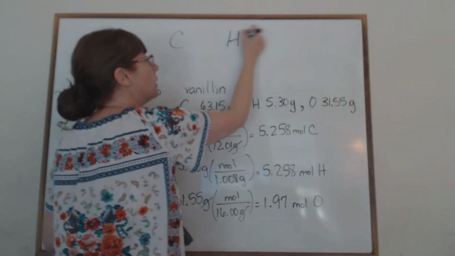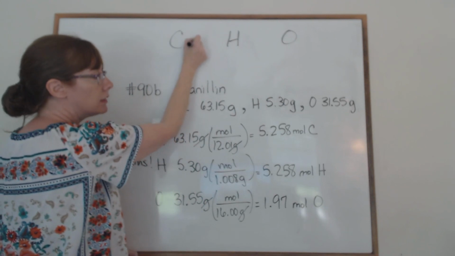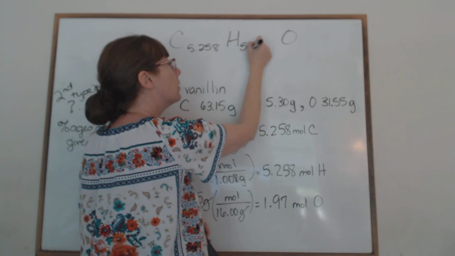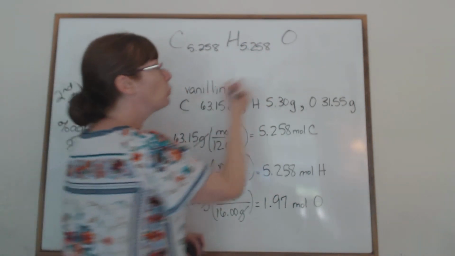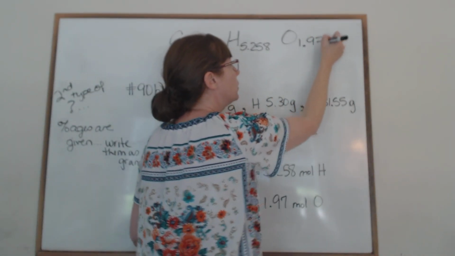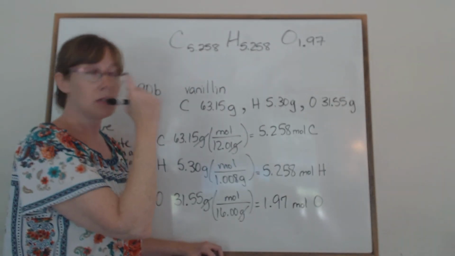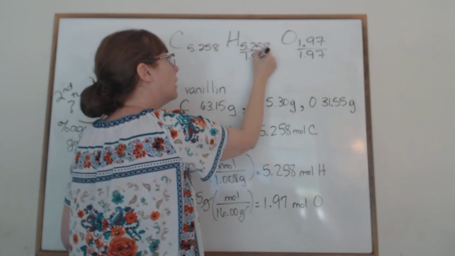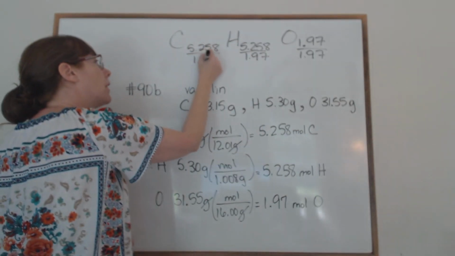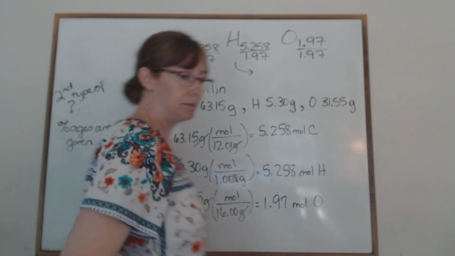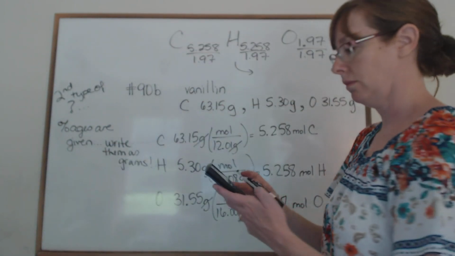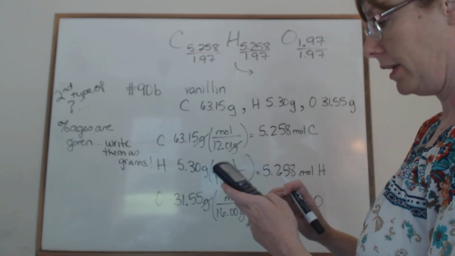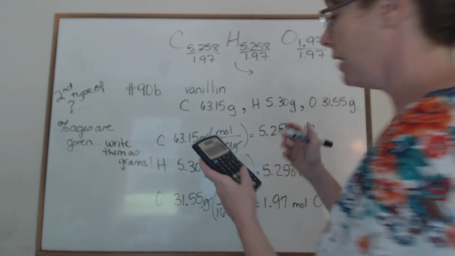Now take those numbers, put them where they go, and we are almost done. Carbon, hydrogen, oxygen. So carbon was 5.258, hydrogen 5.258, and oxygen 1.97. So we are going to divide by the smallest of the numbers. In that case, that's oxygen. Let's see where that leaves us. 5.258 divided by 1.97.